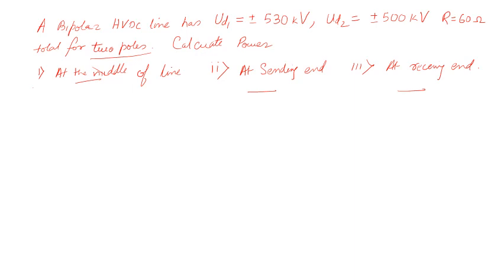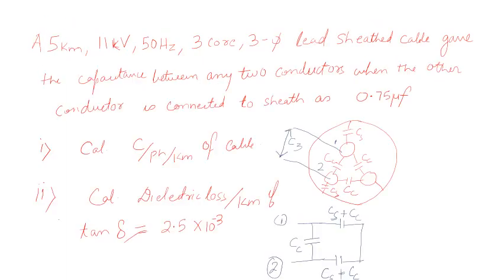Now some of you have asked about the answers of one of the problems that I have not given you. I'll explain that. So in this problem, we need to discuss C3. C3 was given as 0.75 microfarad in the question, right?